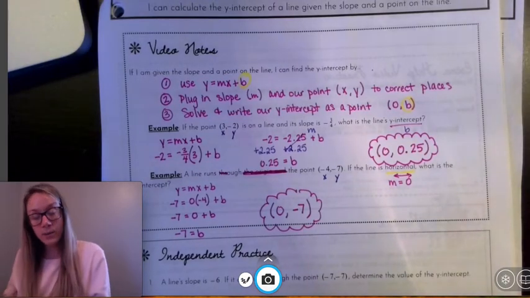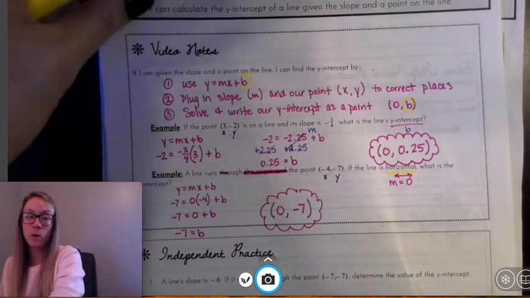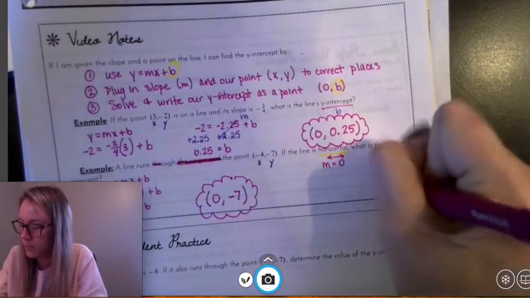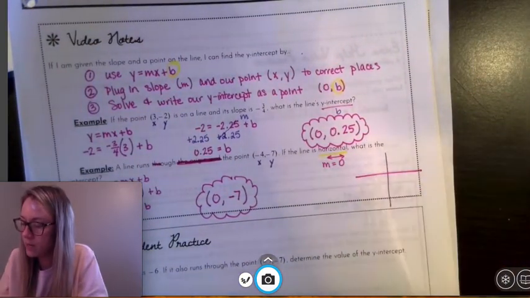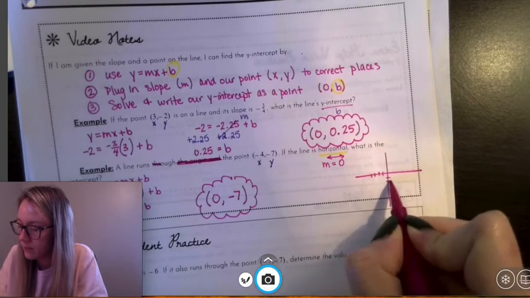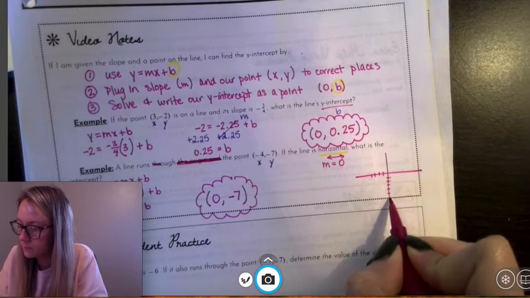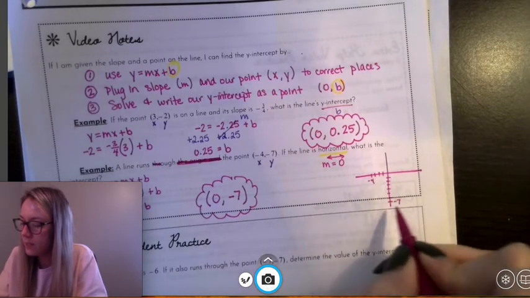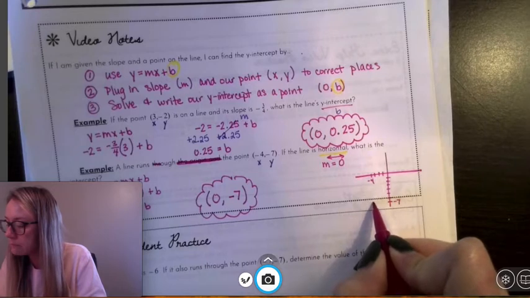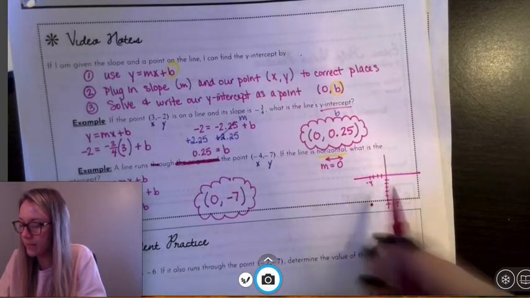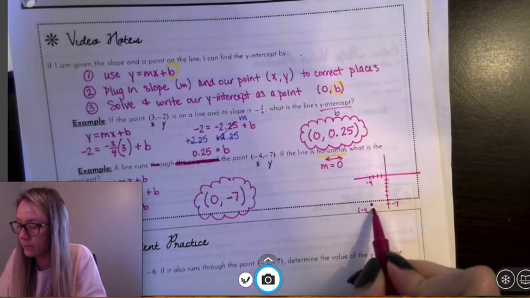The other way you could do this, and this works for horizontal lines, is I'm going to sketch out what it would look like. If I have my graph here, the point -4, -7. So this is -7 down here, this is -4. This is a sketch. So it goes through that point, -4, -7.